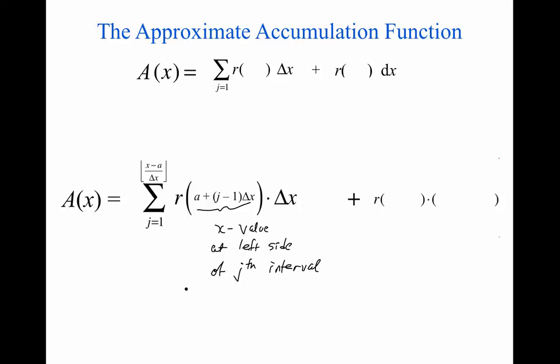Okay, so now this is for the current interval. What value of x do we plug into r to get the rate for the current interval? That's left x. So left x is specifically the x value at the left side of the current interval.